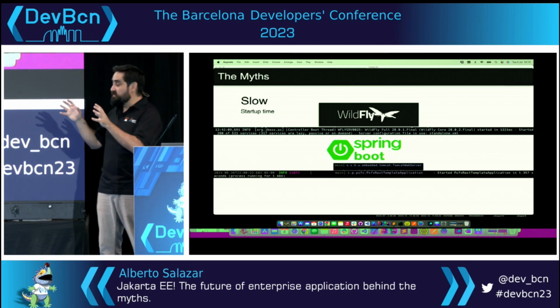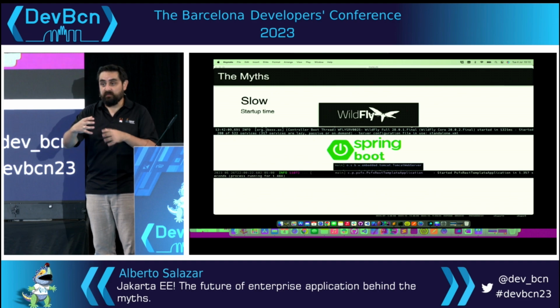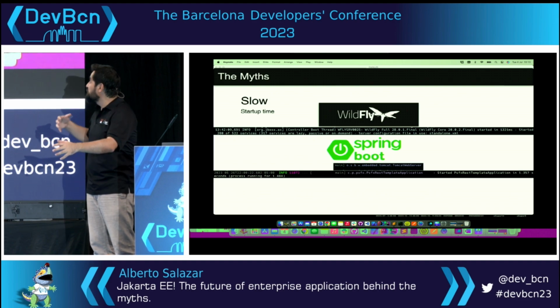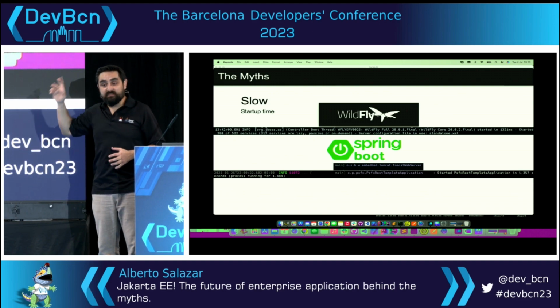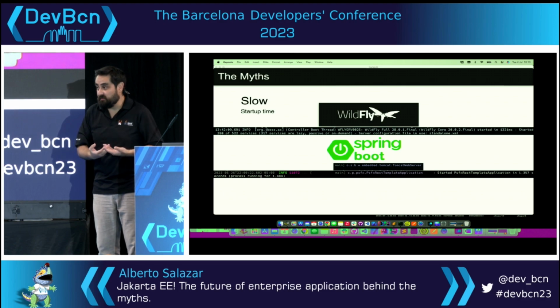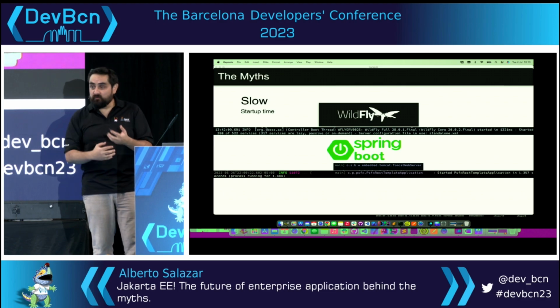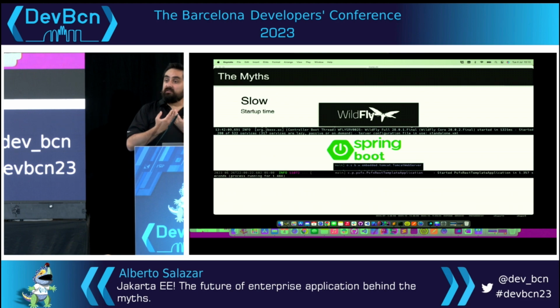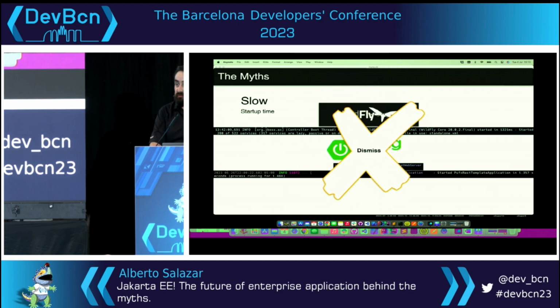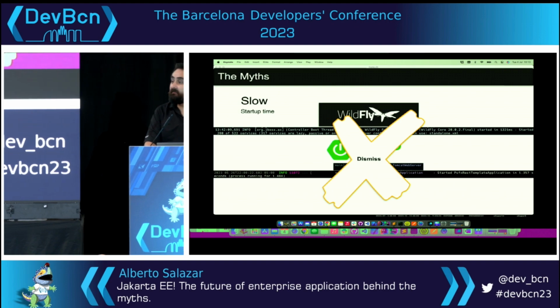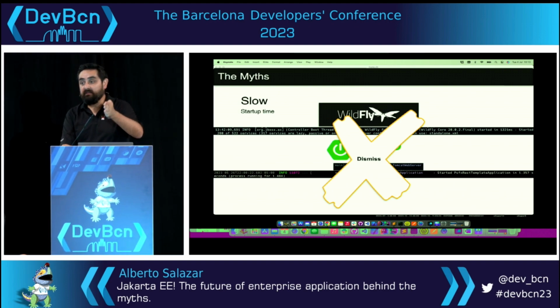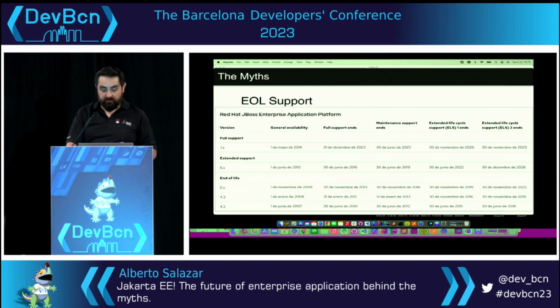And if you start up an application server or a Spring Boot application, we have almost the same startup time. So everything is moving forward, and we continue to embrace that the Java enterprise world behind these Jakarta EE projects continues to the future. And it gives us standards and it gives us time to move forward and continue working with these complex environments.